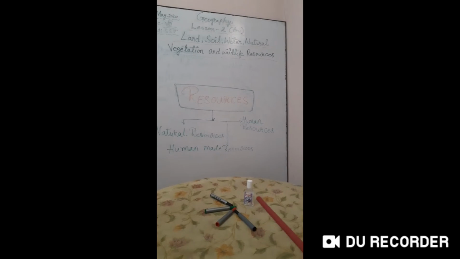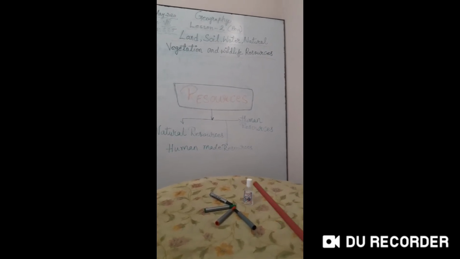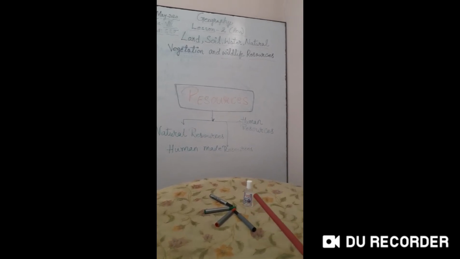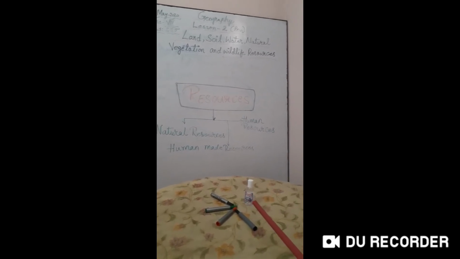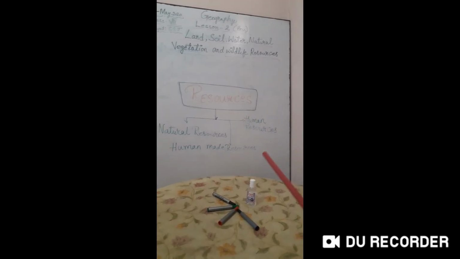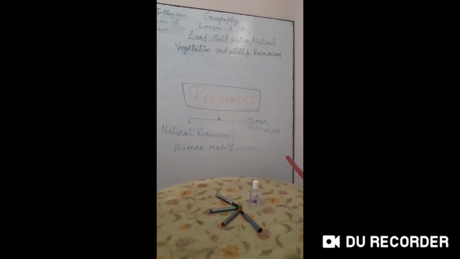What is this? Yes, this is hand sanitizer. Nowadays, we all are using this hand sanitizer, and this is also made by human beings. So this is one good example, like these markers. All these are made by human beings and are included in human-made resources.